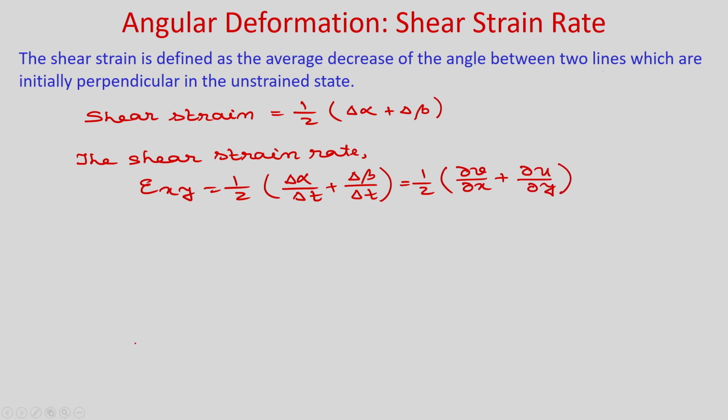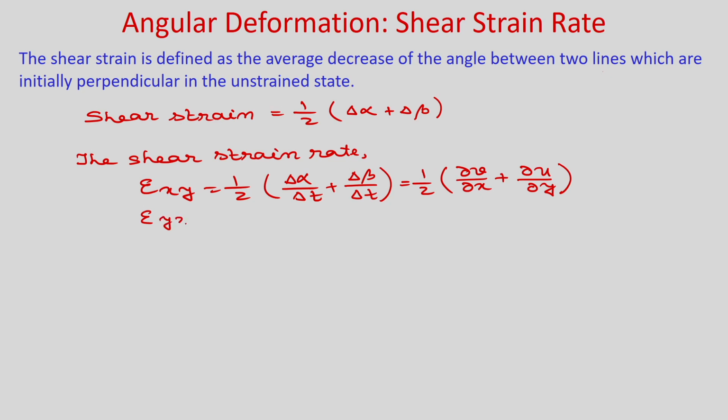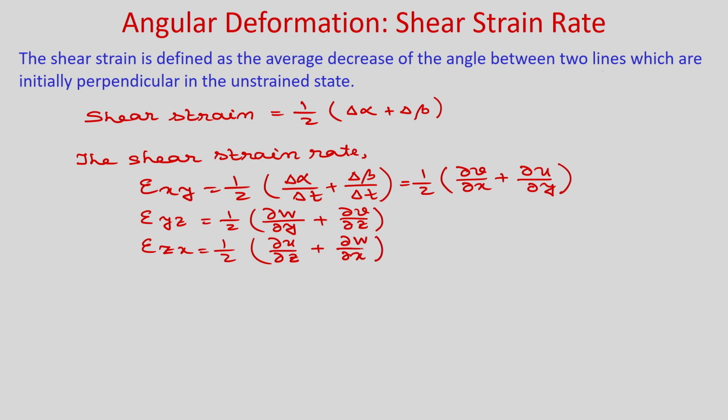Similarly, the other strain rates we can write: epsilon y z as half del w by del y plus del v by del z. Similarly, epsilon z x we can write as half del u by del z plus del w by del x.